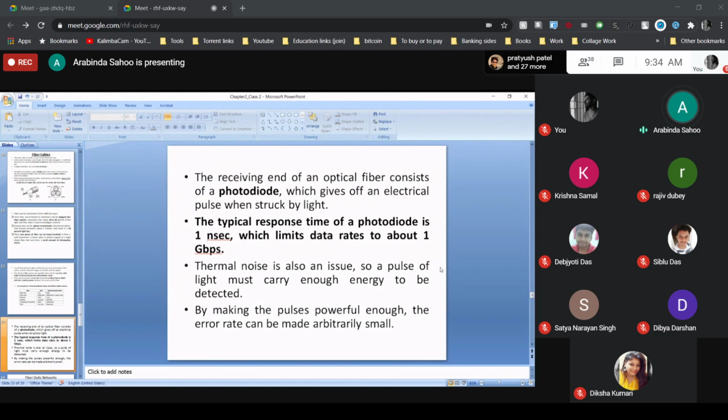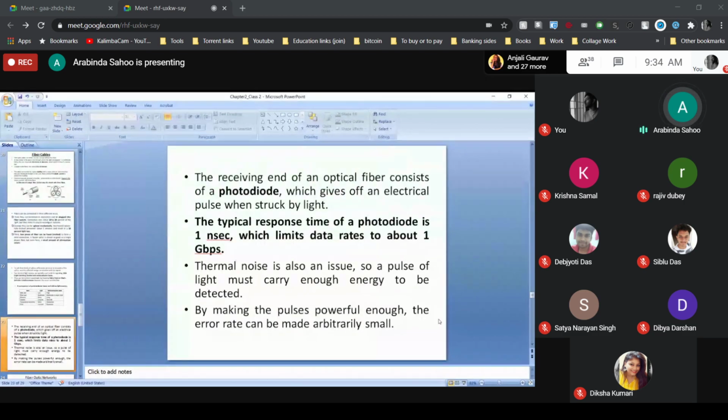The typical response time of a photodiode is around 1 nanosecond, which limits the data rate to about 1 Gbps.